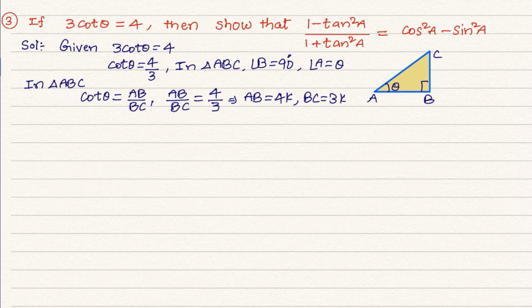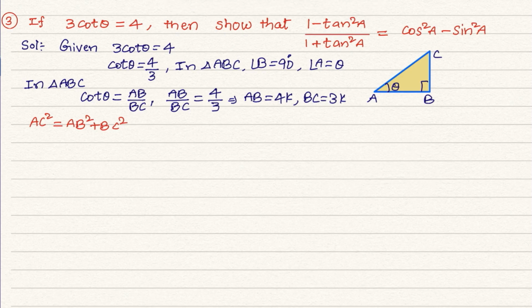Now we want AC, so we find out AC by using Pythagoras theorem. So what is Pythagoras theorem? AC square is equal to AB square plus BC square. In this we will substitute the values.